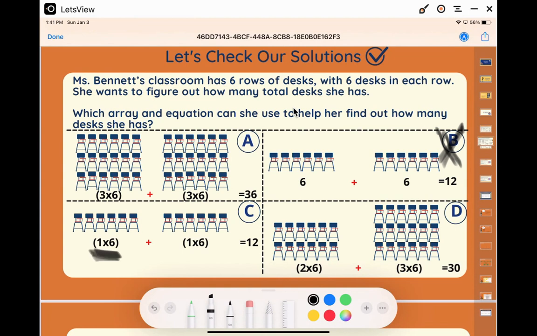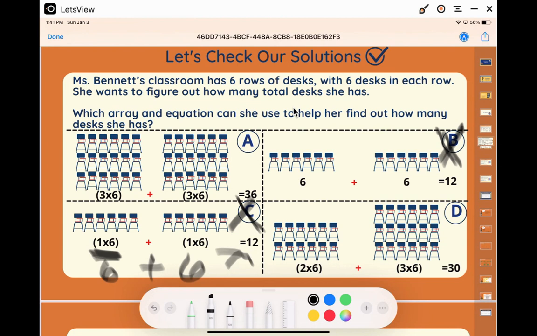The identity property of 1 tells us that any number that we multiply by 1 is itself. So 1 times 6 is 6, and 1 times 6 is 6. And when we add them together, we still get 12. And we know that Miss Bennett has way more desks in her class than that. Otherwise, there wouldn't be enough places for everybody to sit. So we're going to mark that choice out.